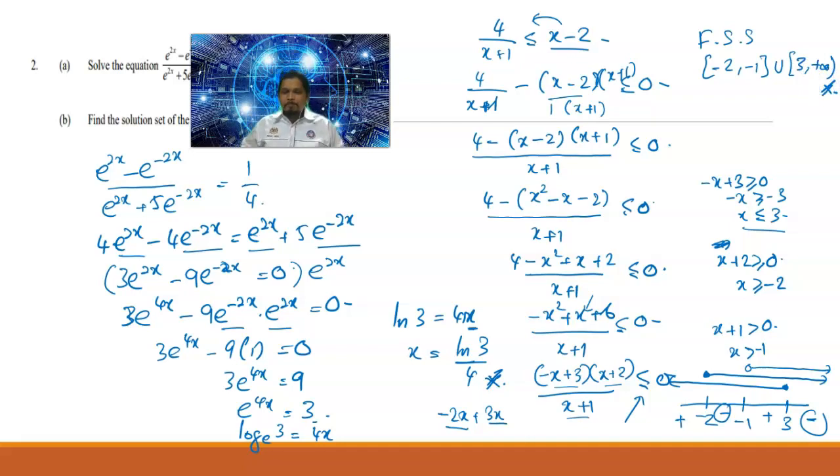According to this one, it is an open bracket here, sorry. -2 to -1 union 3 to positive infinity. There you go.